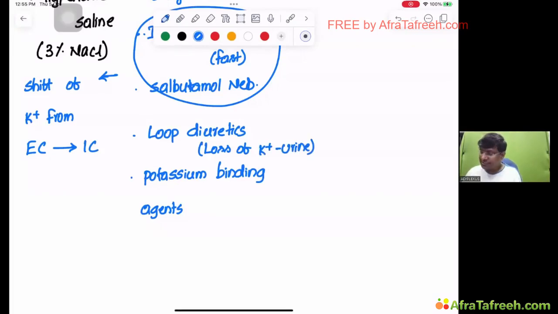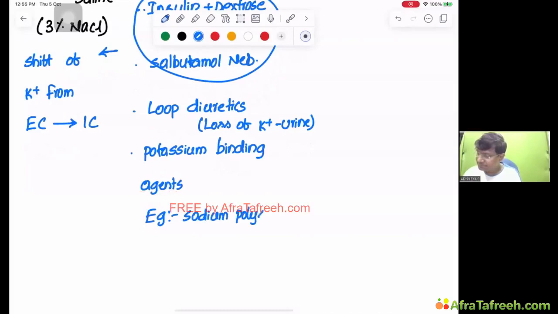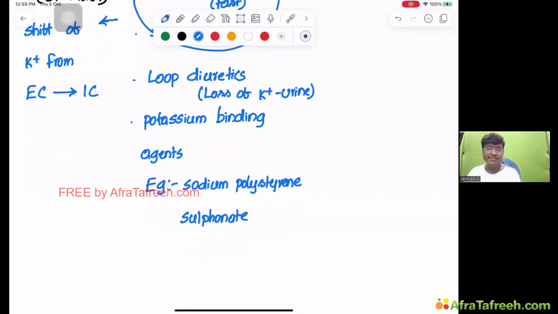Then the potassium binding agents, the example that we have is sodium polystyrene sulfonate. So what will this sodium polystyrene sulfonate do?